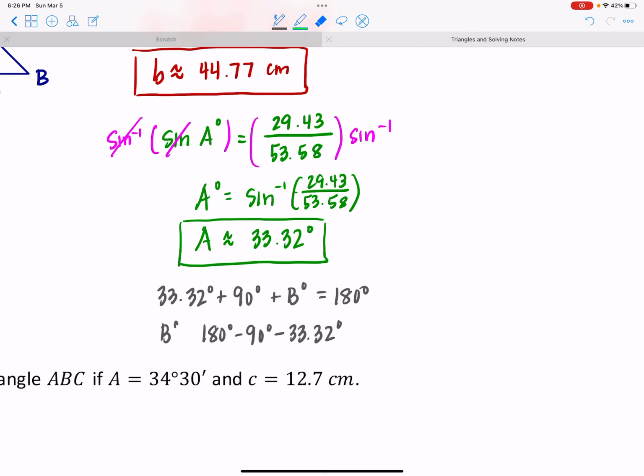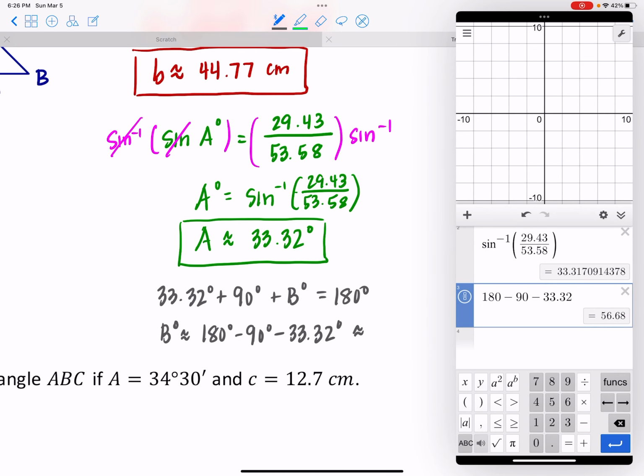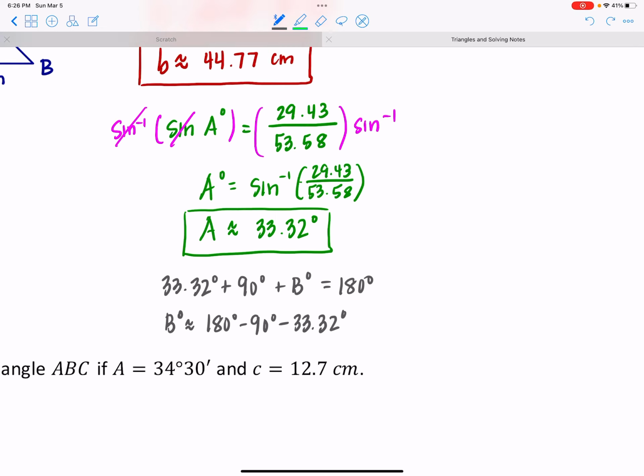And this is also going to be an approximation because this is an approximation. So, I forgot my answer: 56.68. And we've done it. Okay, we have solved.